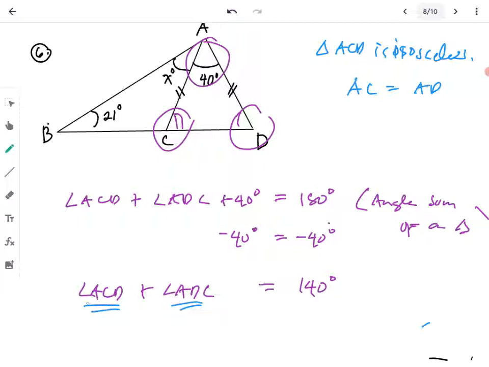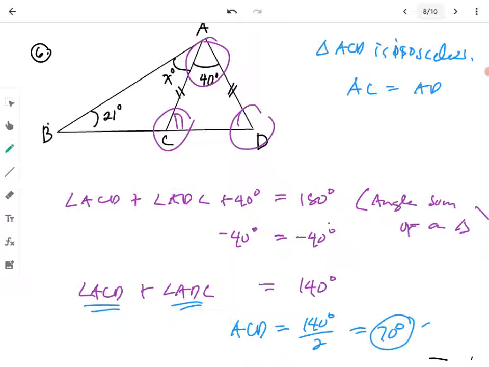When you add them both, they are 140 degrees. Since they are equal, they're just sharing this 140 into two equal parts. Therefore, ACD is 140 degrees shared by 2, that is 70 degrees.